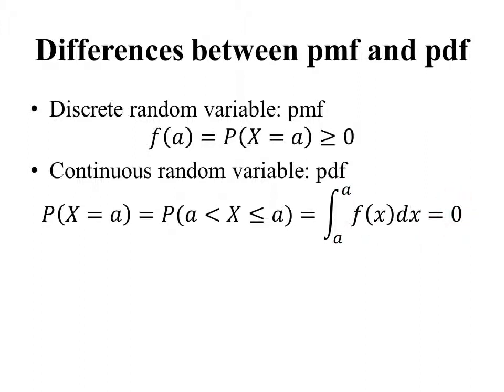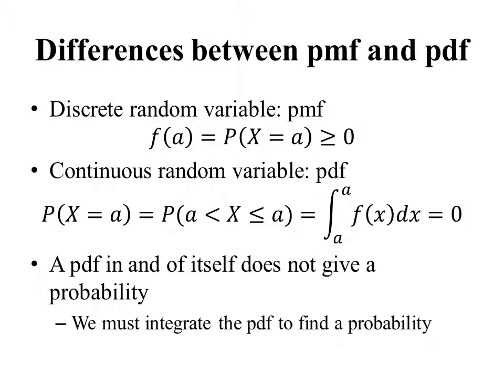So this illustrates one important difference between a continuous random variable and a discrete random variable. In a continuous random variable, the probability that x takes on any one specific value is 0. That's not the case for a discrete random variable. For a discrete random variable, the probability that it takes on some particular value can be greater than 0.